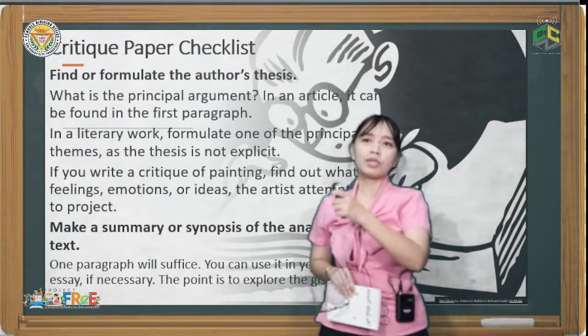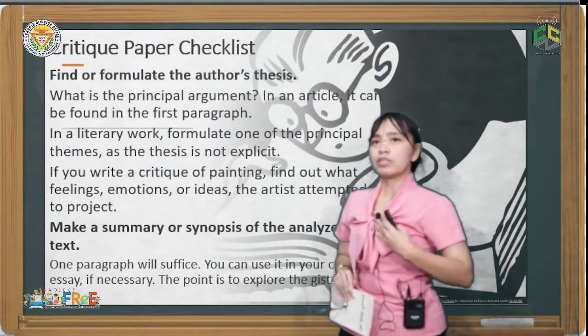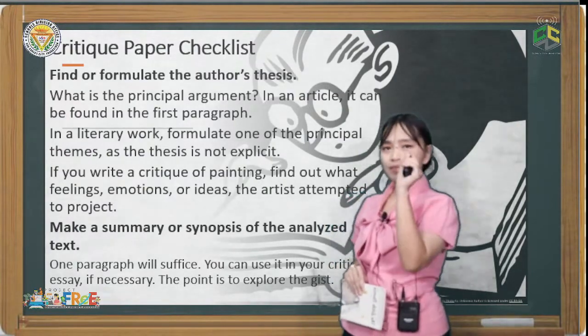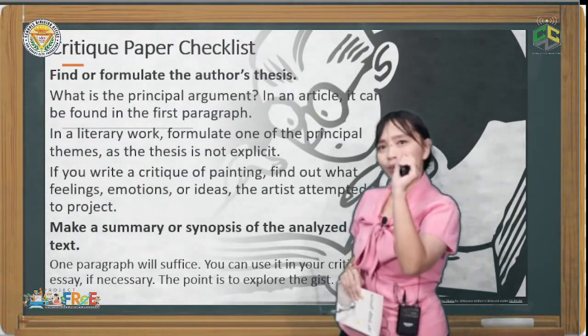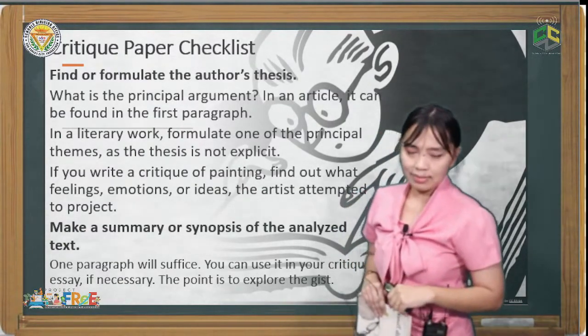Okay? And also, I'd like to add that, in the introductory part of the paper, you can also come up with what we call the gist, the summary, or what I call the synopsis of the analyzed text.